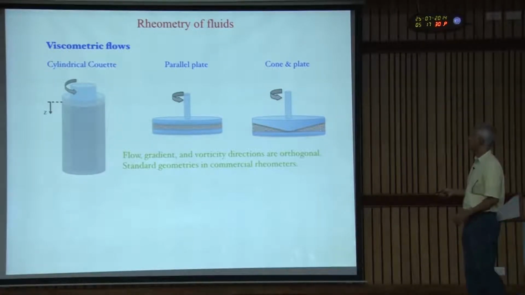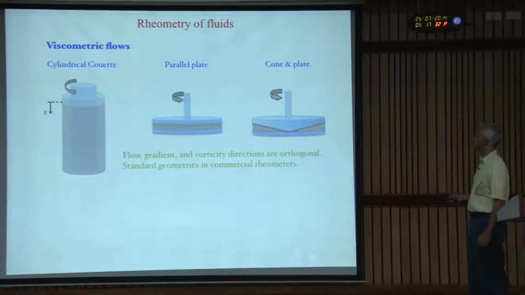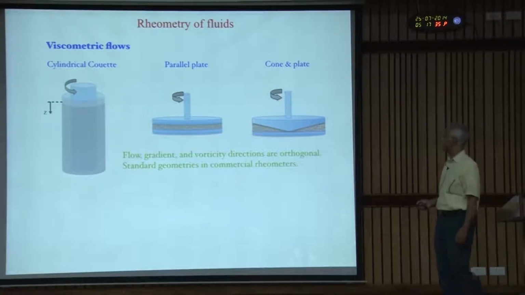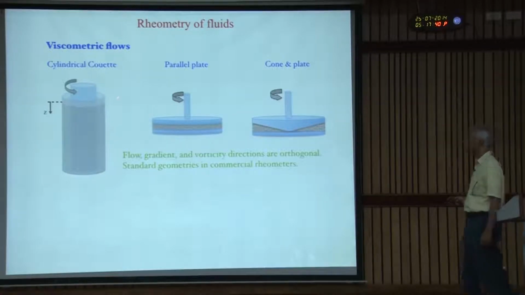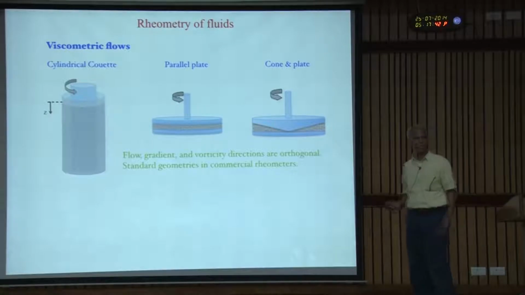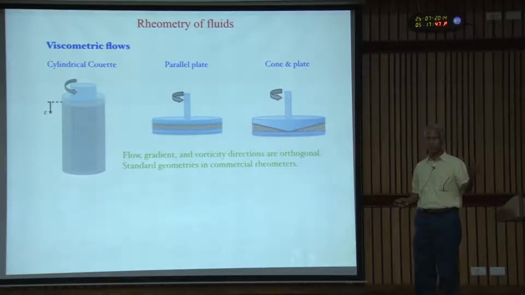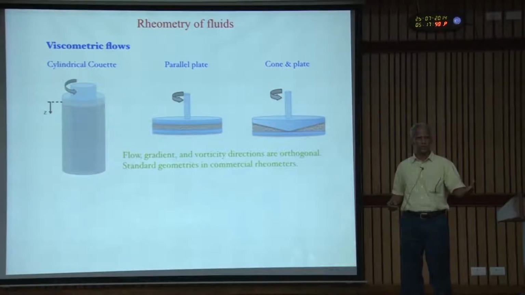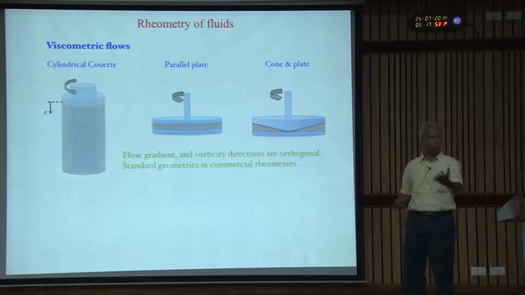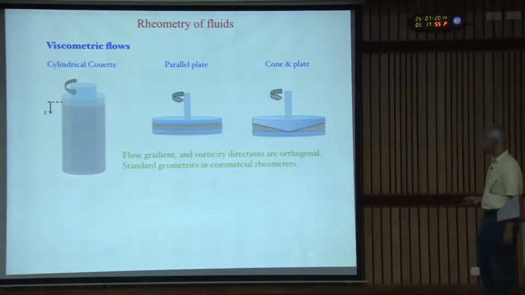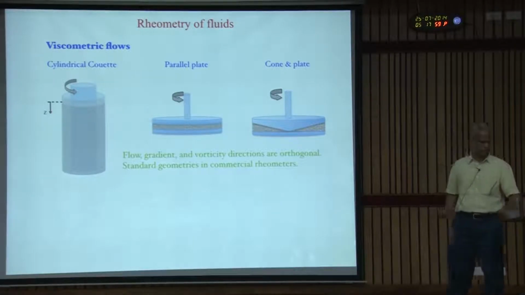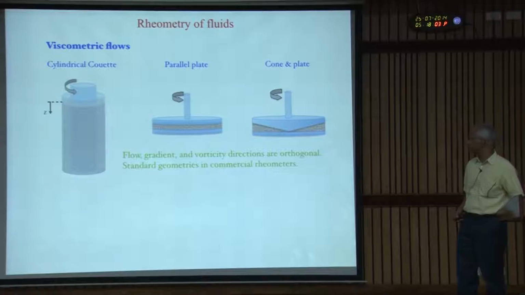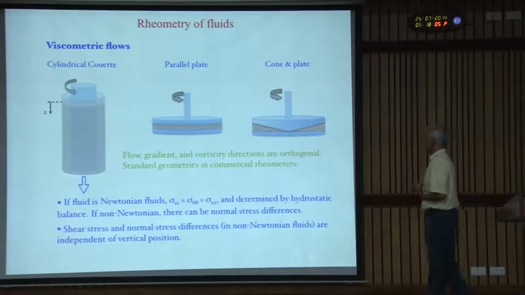Now, the cylindrical Couette cell falls in this class of geometries which all produce a viscometric flow, which means the flows they generate are very easy to analyze, and you can directly relate the stress you measured to properties of models that you have proposed. And there are standard geometries in rheometers that you can buy off the shelf.